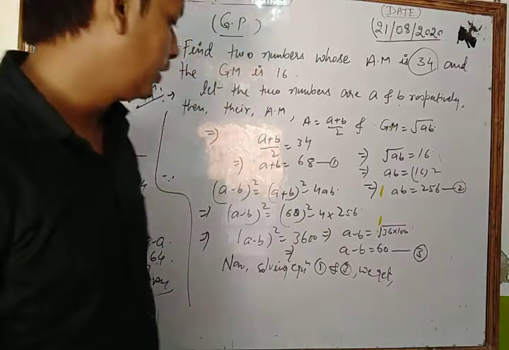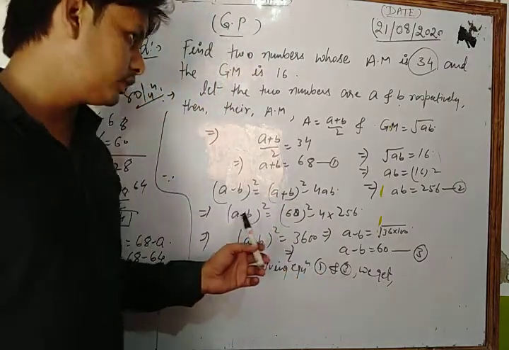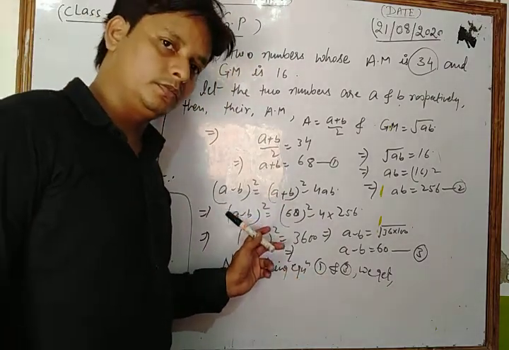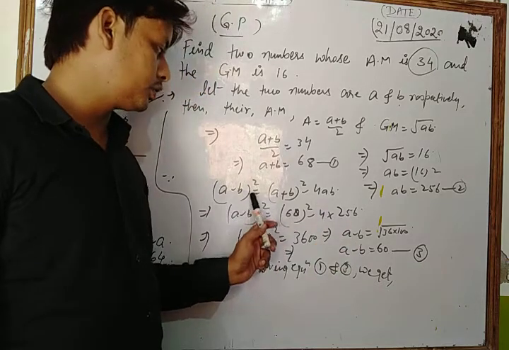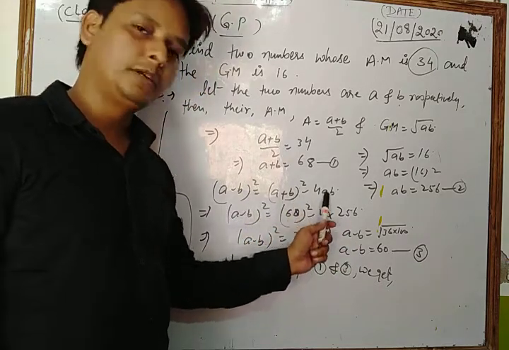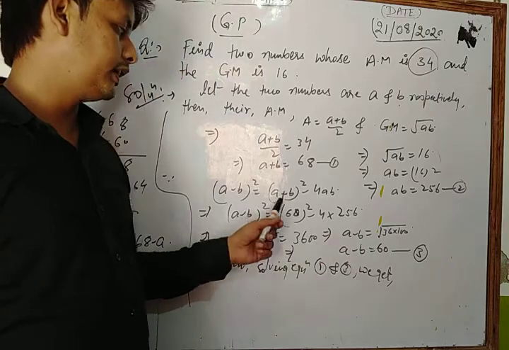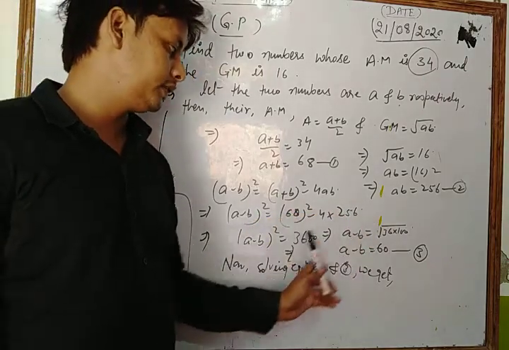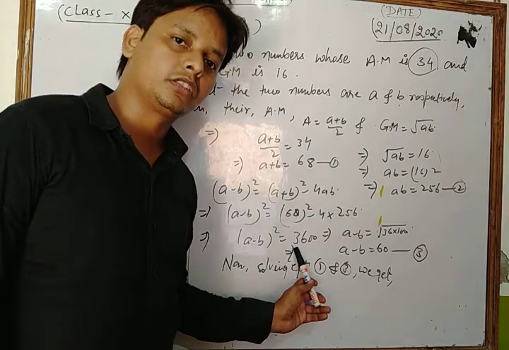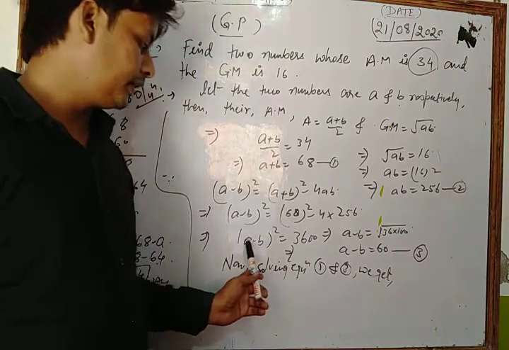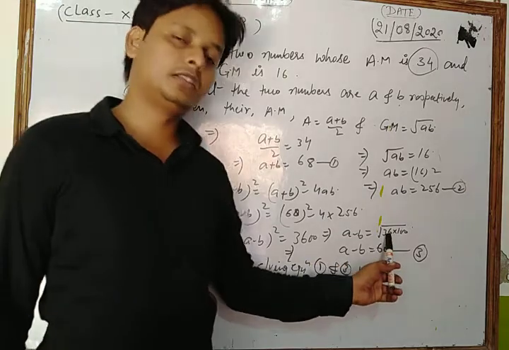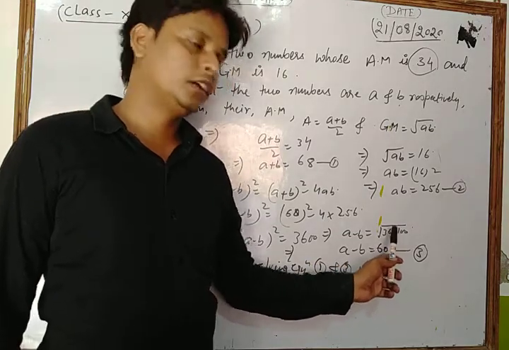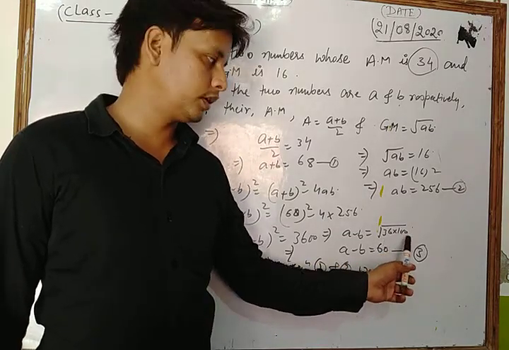Now, dear students, we know the identity (A minus B) whole square is equal to (A plus B) whole square minus 4AB. Now we put the values of A plus B and AB, and after solving we get 3600. Now A minus B is equal to under root 3600, that is 36 into 100. The square root of 36 is 6 and the square root of 100 is 10.